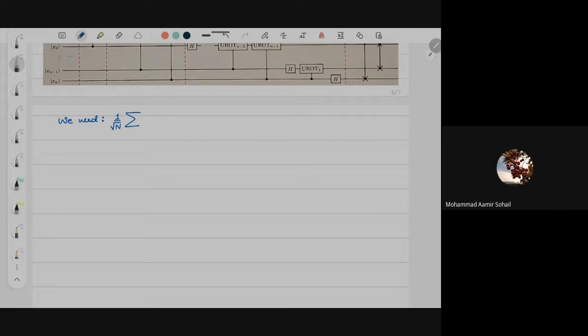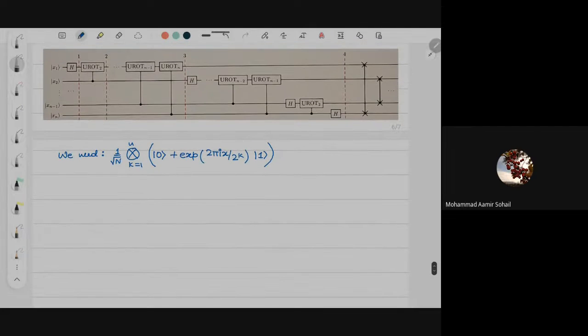So we need this 1 over root n, and then tensor product with k equals 1 to n, of 0 plus exponential 2 pi i x by 2 raised to k, 1. So this is what we have to show.